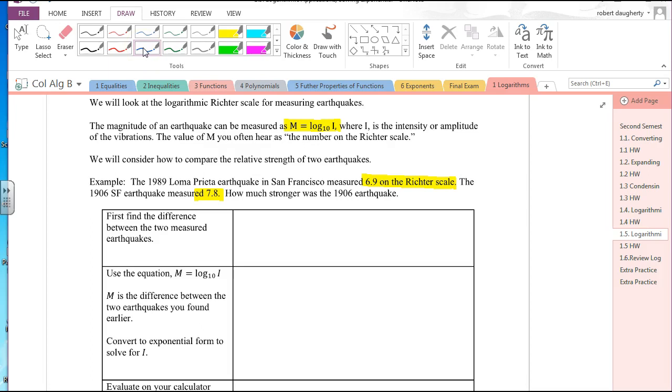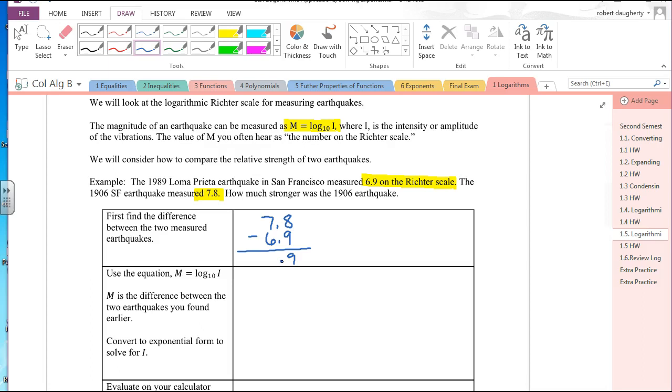Okay, the way we do this, first find the difference. So 7.8 minus 6.9. Okay, I'll subtract that and I get what? 0.9 is the answer? So that is the difference.